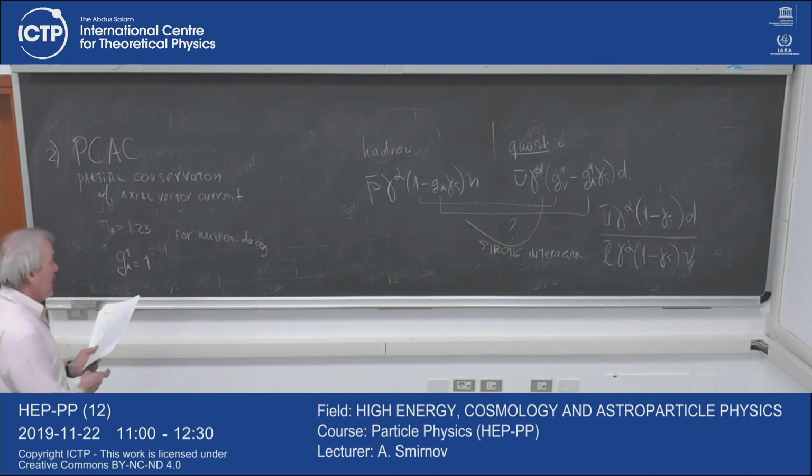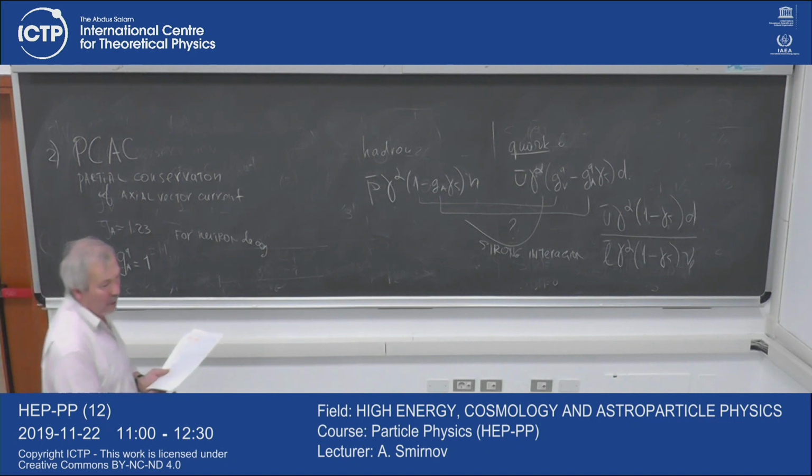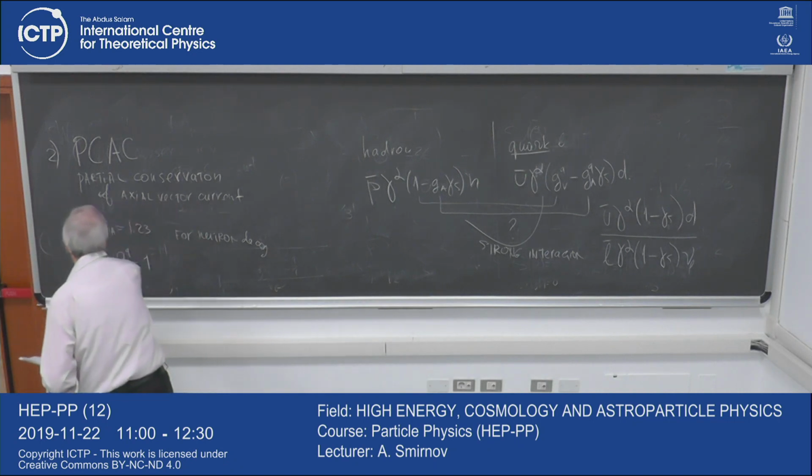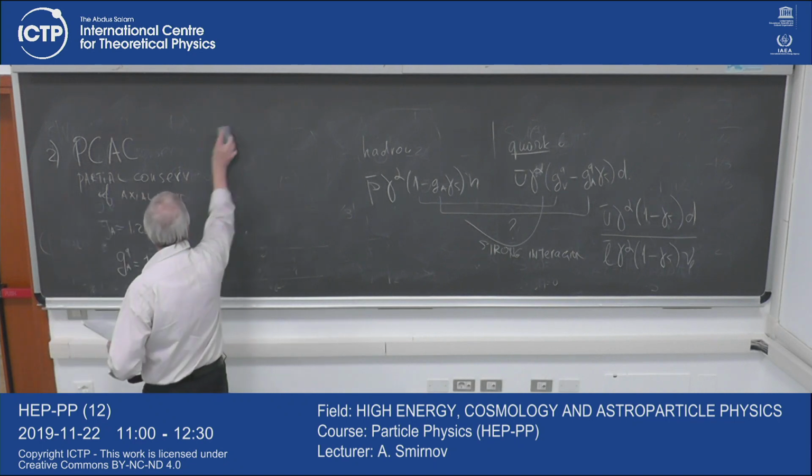So now we can write the Hamiltonian of weak interactions, in this universal form.